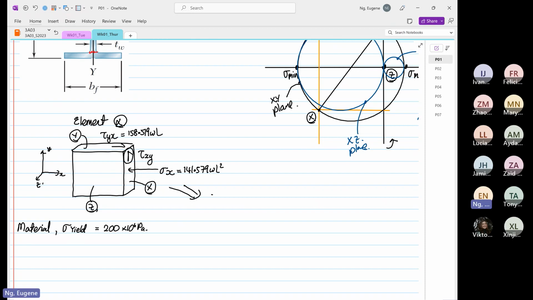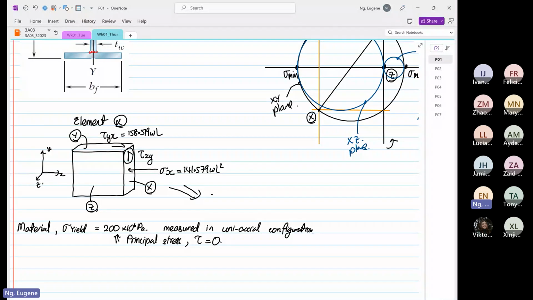And this yield strength is measured in a uni-axial configuration. I did mention also that this value is a principal stress. And what do I mean by principal stress? It is where the shear stress is equal to 0.